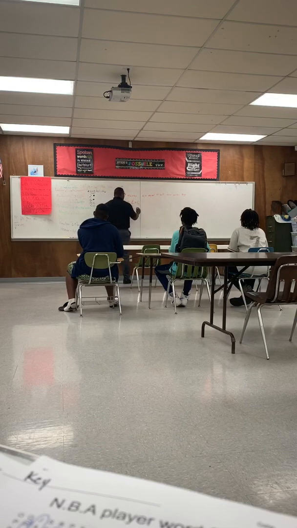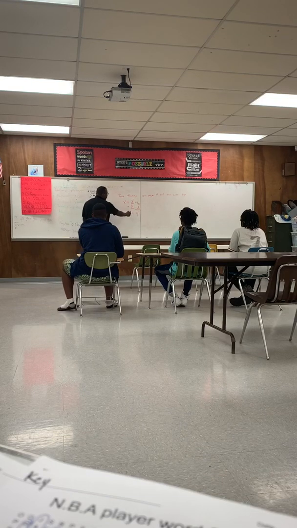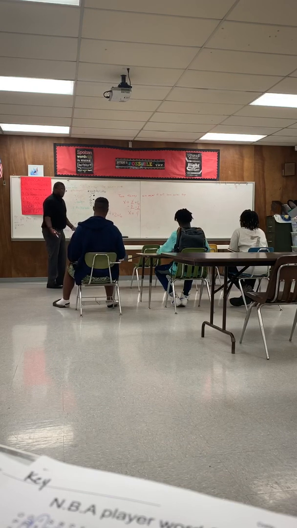So 6 minus 2 will equal what? 4. So x equals 4. How can I check this? Let's replace x with 4. 4 plus 2 equals 6. Is that right? Right. We got it right. Pretty simple, right?